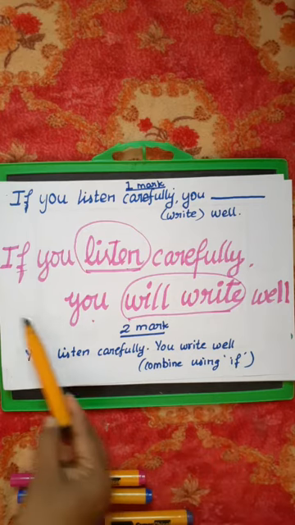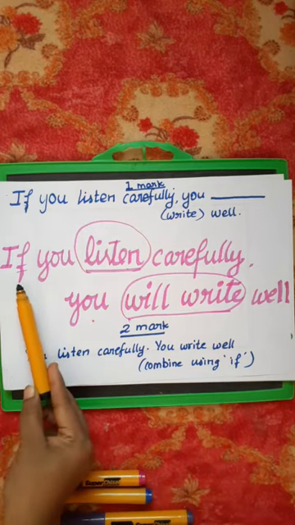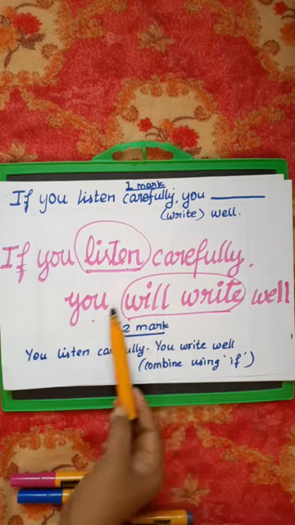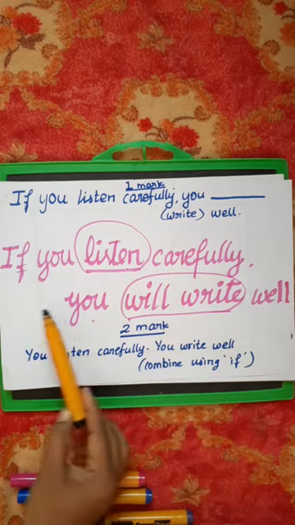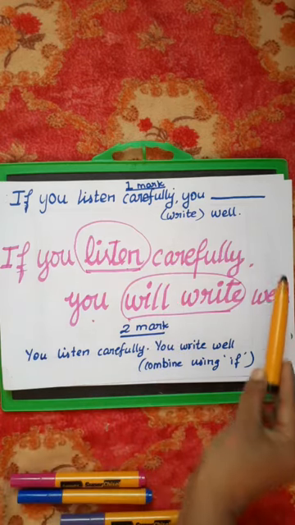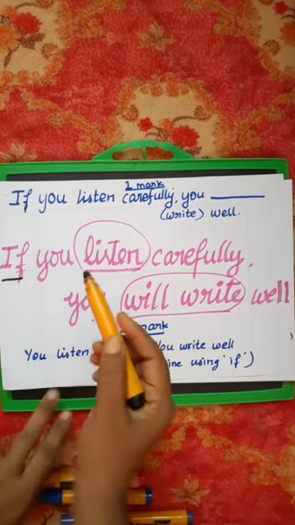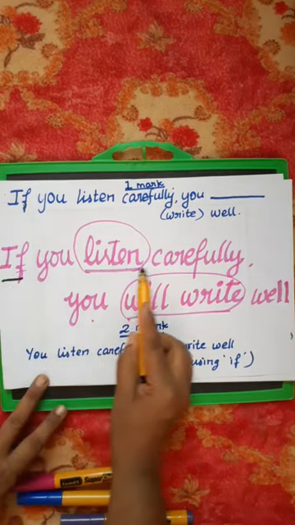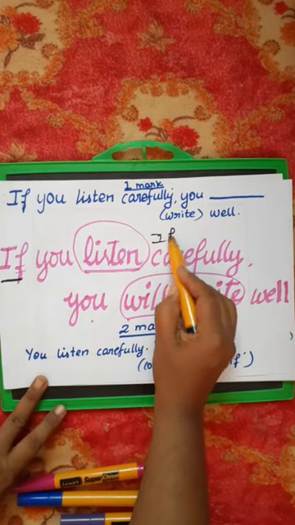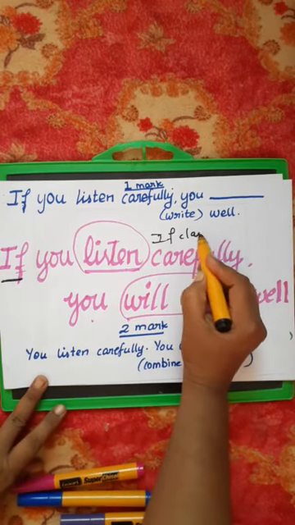Okay. So what is here? We already saw this example. If you listen carefully, you will write well. First, we should understand the structure of the if conditional clause. The sentence begins with the if, and the first part we call the if clause.